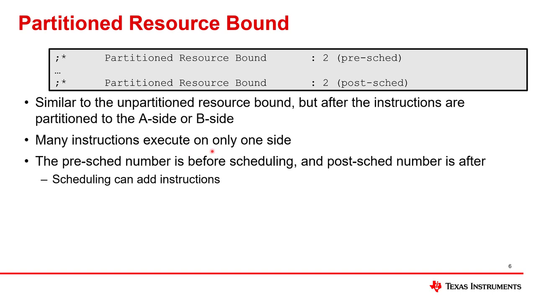Many instructions can execute on only the A side or only the B side, so that can affect what the resource bound is with regard to partitioning. We show the numbers before and after scheduling. Scheduling is a process of accounting for the fact that with things like a multiply instruction, when you issue it, you have to wait 3 cycles before that result is available in the destination register. That's what scheduling takes care of, and scheduling can add instructions, and so that's why you'll see this number before and after scheduling.